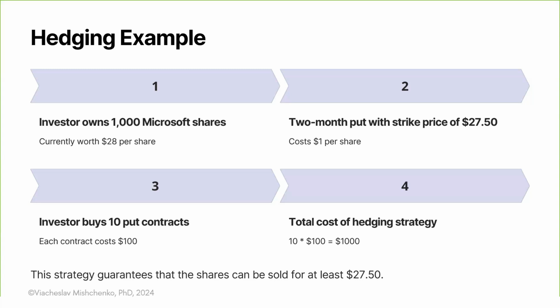The total cost of this hedging strategy will be $1,000, which means 10 contracts of 100 shares each at a $1 premium. Overall, this strategy guarantees a minimum sale price of $27.5 per share of the Microsoft shares, less the $1 premium paid. This type of hedge is very popular among investors who want to protect against downside risk while retaining upside potential.